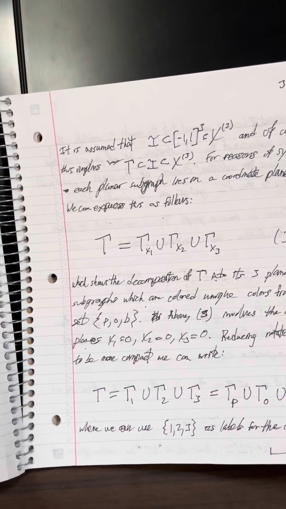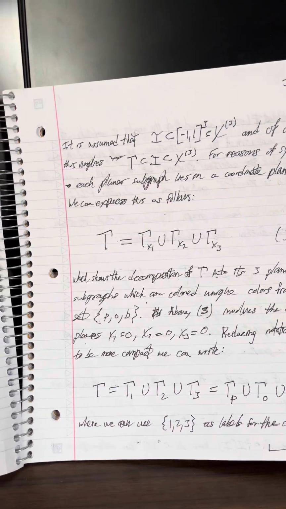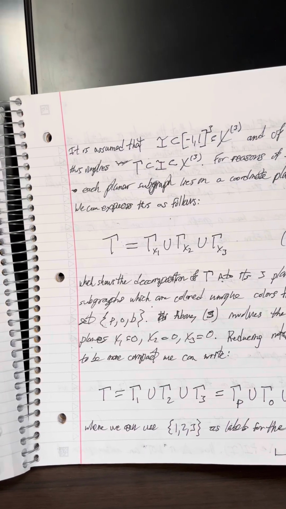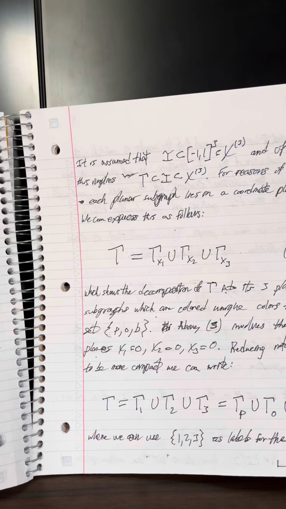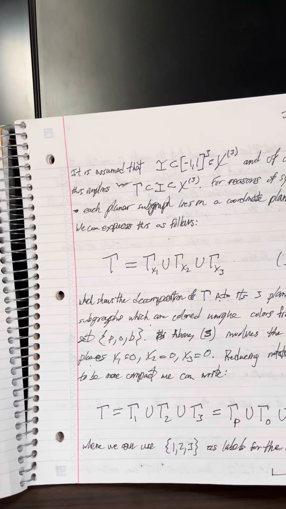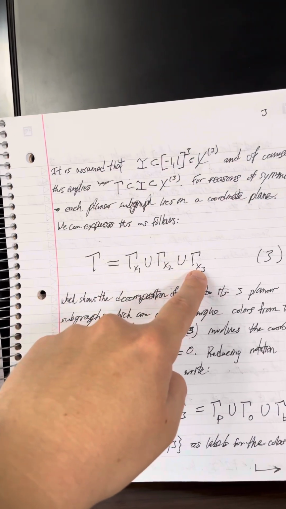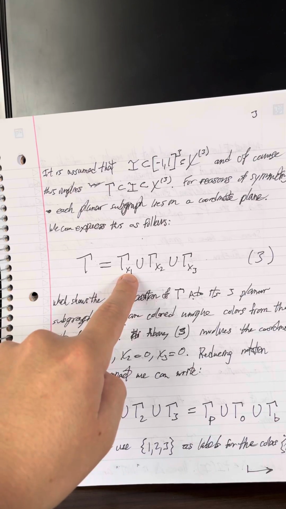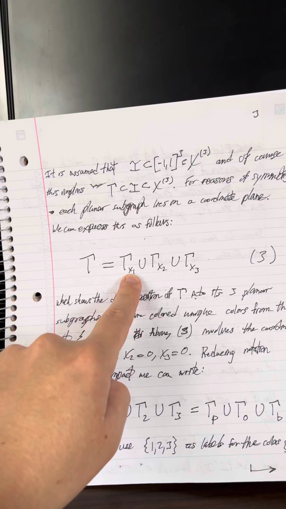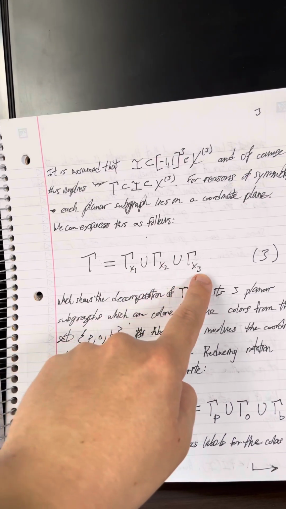For reasons of symmetry, like I said before, each planar graph lies on a coordinate plane, and the union of all those 3 planar graphs gives us the full gamma graph, and we can express that as follows. This is a nice decomposition into the planar graph on the first coordinate, the planar graph on the second coordinate, and the planar graph on the third coordinate.